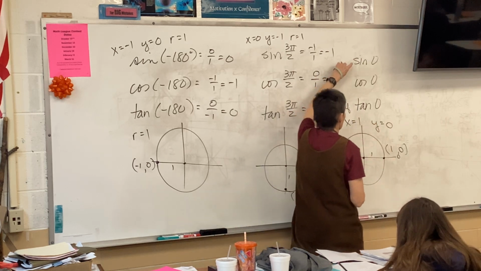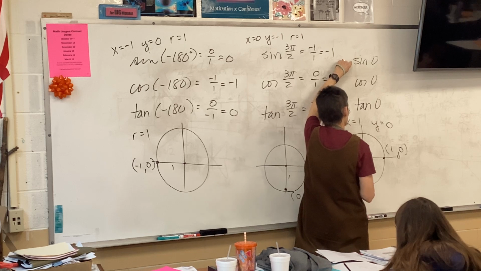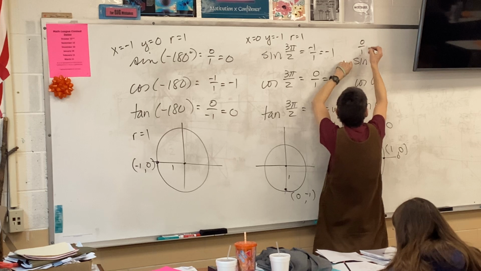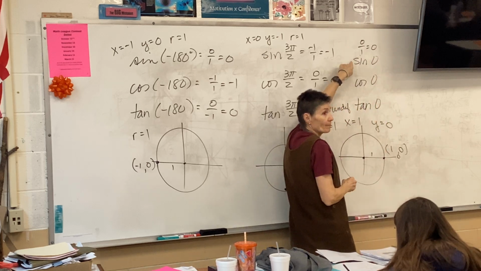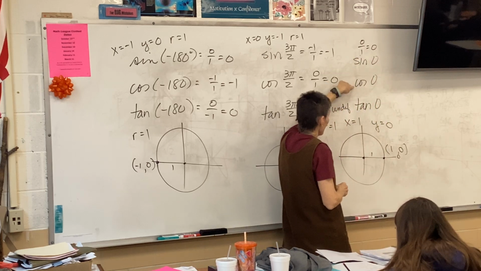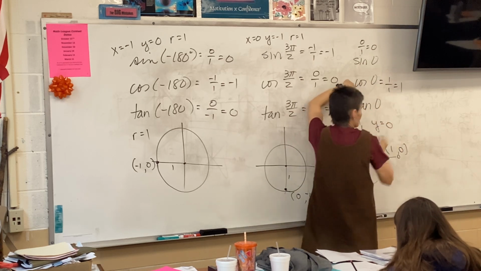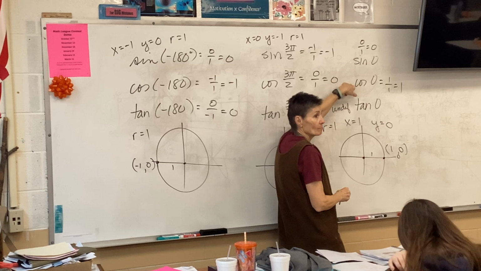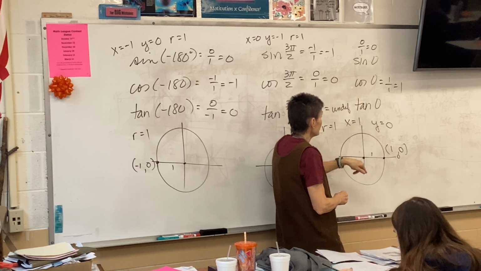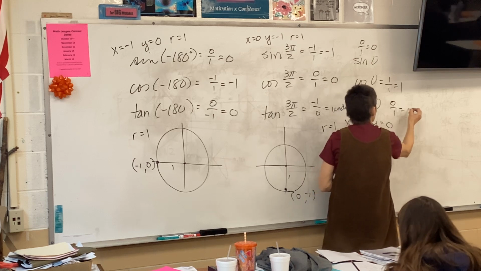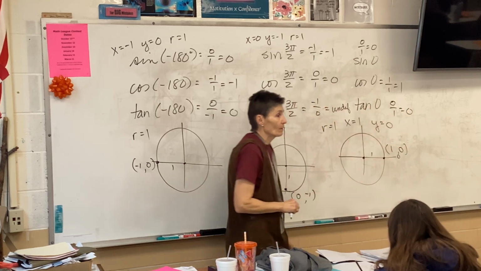What's the sine? 0 over 1, or 0. Cosine. 1 over 1, which is 1. And tangent, 0 over 1, y over x, which is 0.